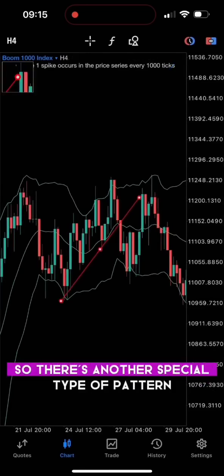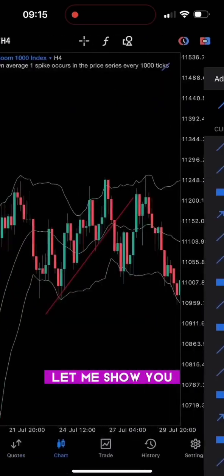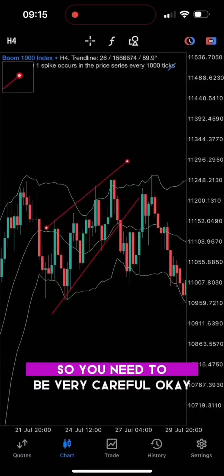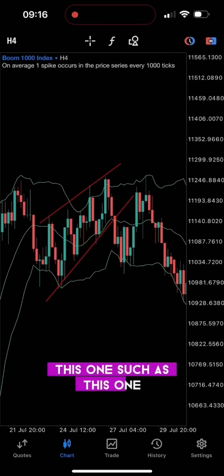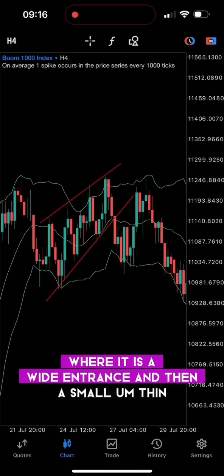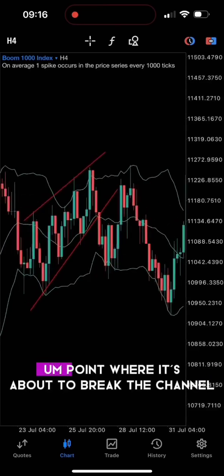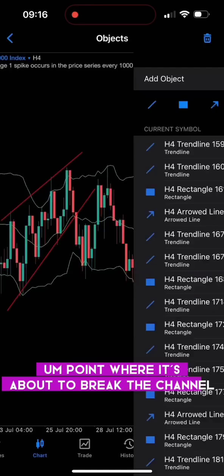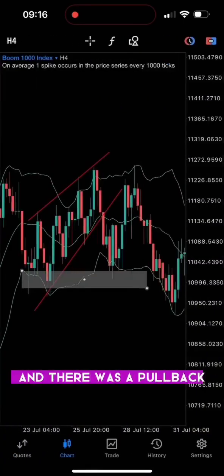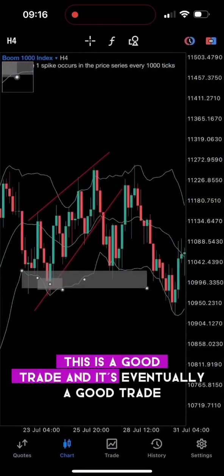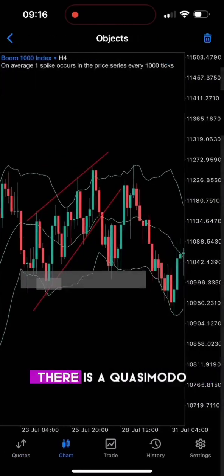So there's another special type of pattern, which is a trend channel. Let me show you. It usually backfires, so you need to be very careful, okay, when you enter a trade like that. Such as this one, where it is a wide entrance and then a small thin point where it's about to break the channel. So it broke the channel going downwards, right, and there was a pullback. Then you say, oh, this is a good trade, and it's eventually a good trade. You enter your sell, but down there is a Quasimodo.